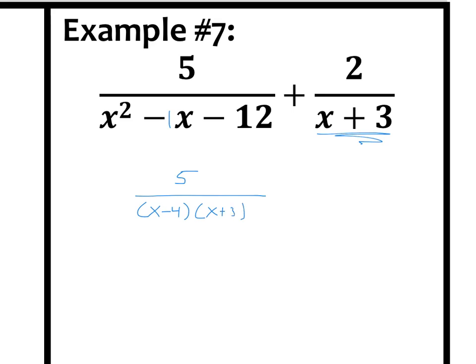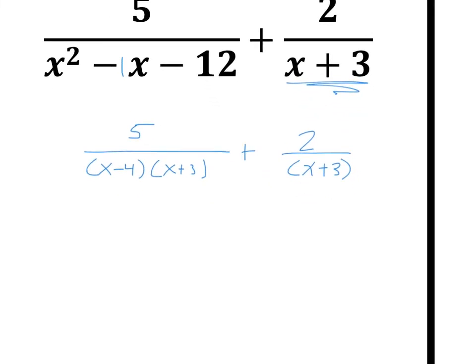Okay. So we can then bring down the other factor, 2 times x plus 3. When I look at this, the only thing the denominator on the right's missing that's on the left is the x minus 4. So that's all I have to multiply by is x minus 4 and x minus 4. And then I'll have common denominators.